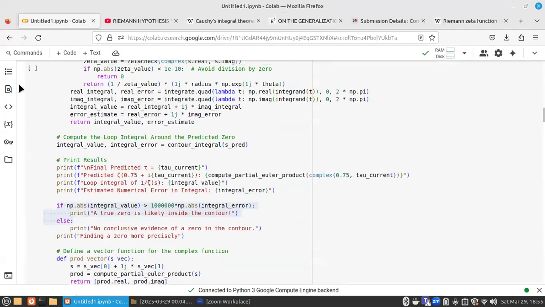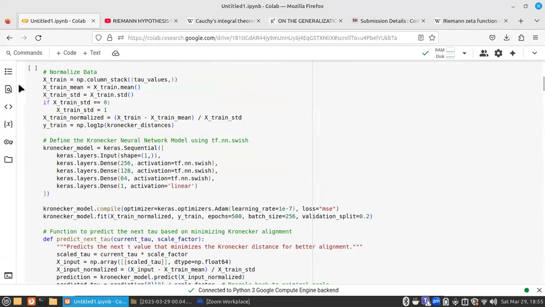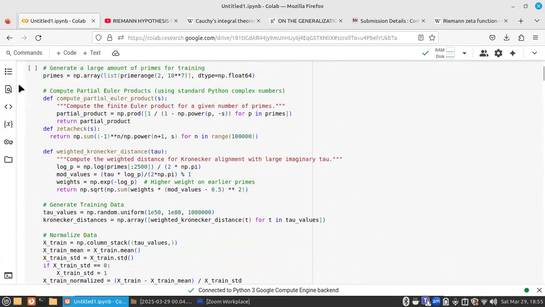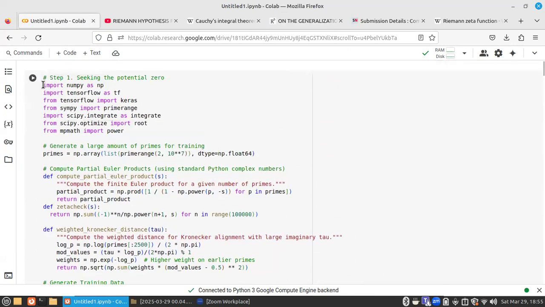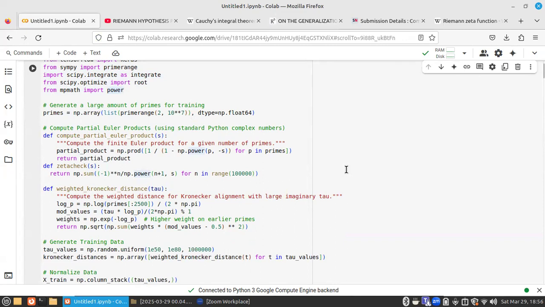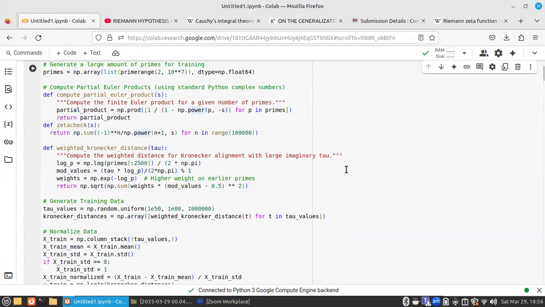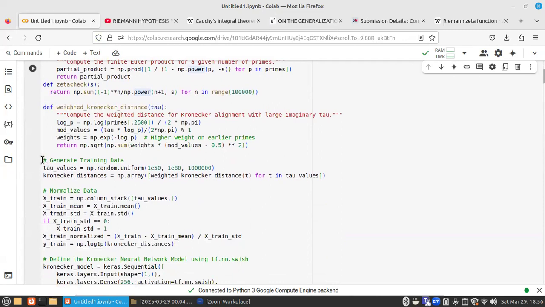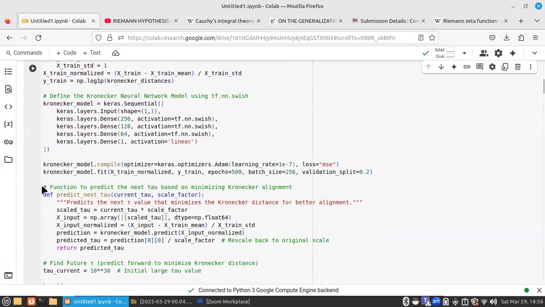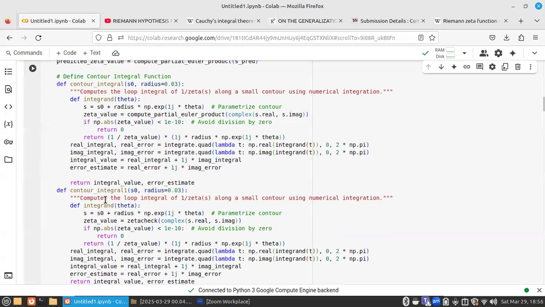So further. Here I should note that I was using TensorFlow. You could also use PyTorch or something like that, but for our purposes, it is quite enough. Here we normalize the data, define a function for tau prediction, and also we add this contour integral check.